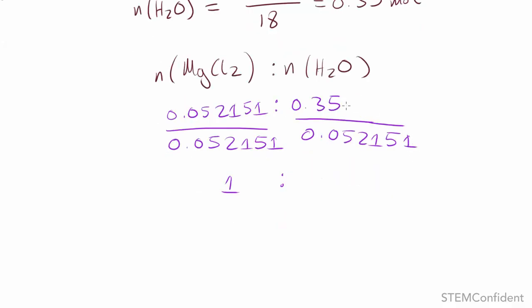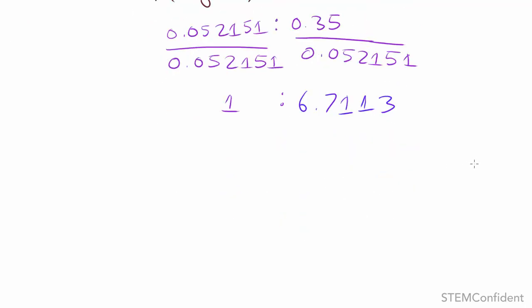And if you do have a go, work this out on a calculator, you should find that you get 6.7113, right? To 5 significant figures. And we were looking for an integer value, right?